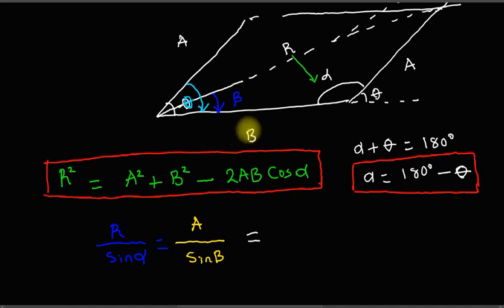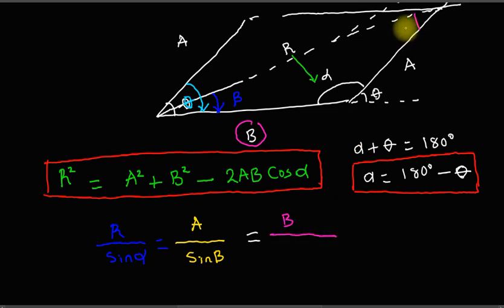Last side is B. Is equal to B all over the angle opposite it. For side B, we don't have any angle here, but it's not needed to find the angle of the resultant beta. I was just citing sine rule.